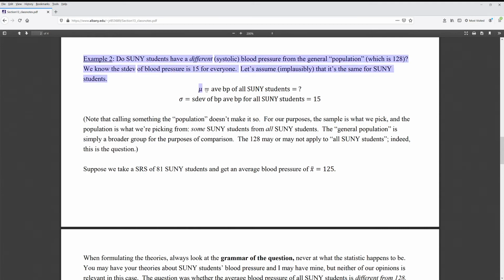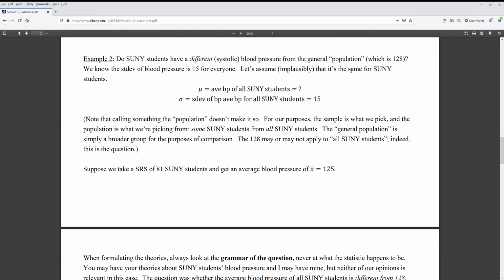So either it is plausible that mu is 128, or we have evidence that mu is not equal to 128, that it's different from 128. Again, calling something the population doesn't make it so. The population, for statistical purposes, is all the things we could pick, all possible SUNY students.